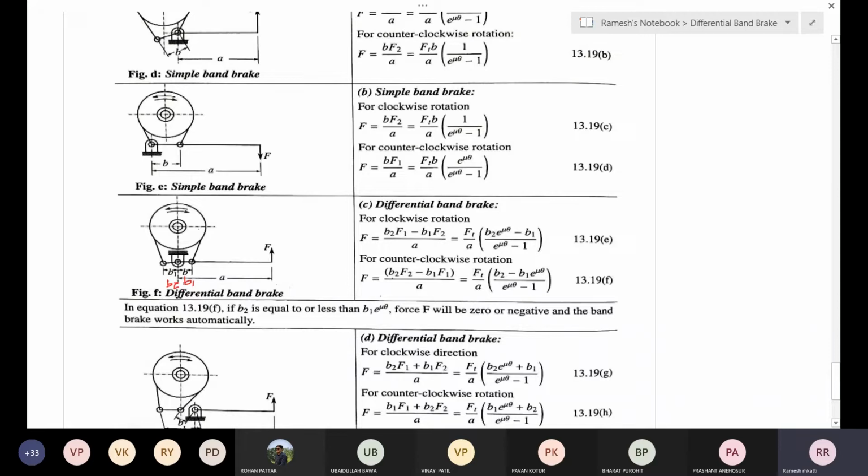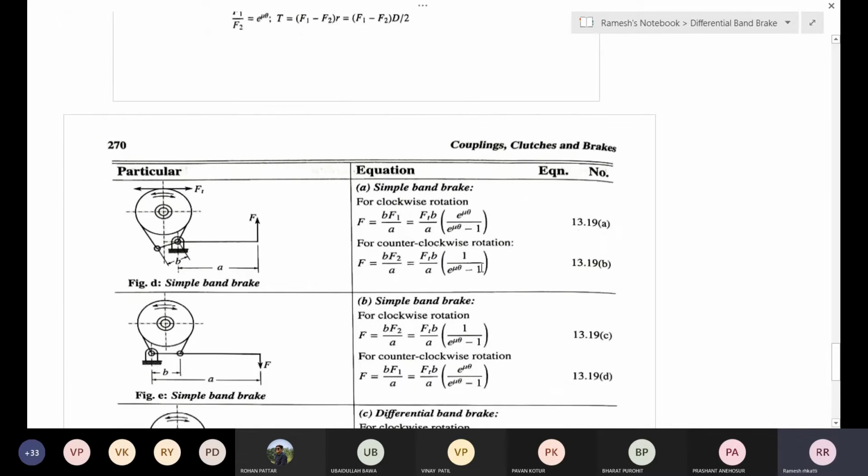Don't write this in the data. Remember that there is a slight correction which you need to make. This has to be b1 and this has to be b2. From this figure, you can note down this is the A. A is nothing but the distance from fulcrum to the applied load. All these dimensions are given, you need to note down that.